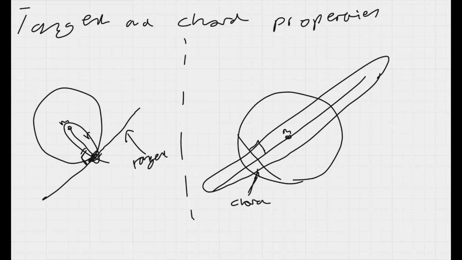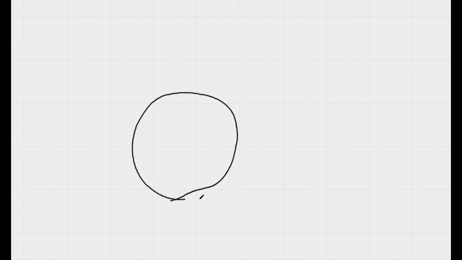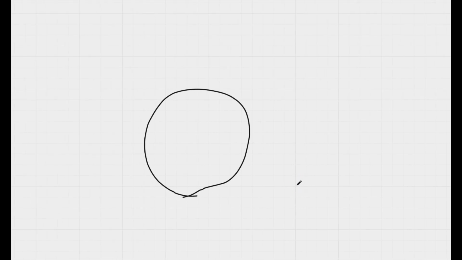Let's hop on over and do a question then. Here is a circle. Here is a line, and this is supposed to be a straight line, by the way.